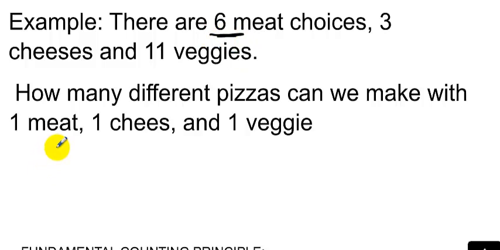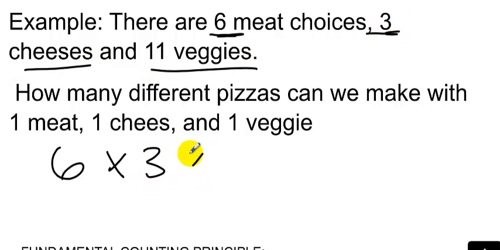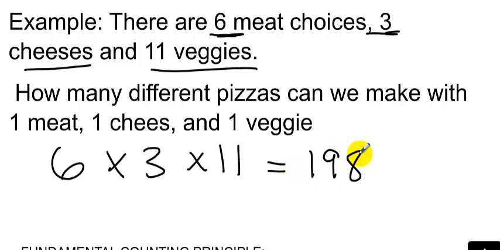So we have 6 meats, we have 3 cheese, and we have 11 veggies, and we're simply just multiplying them together. That will give us our total number of outcomes, meaning the total number of different pizzas that we can make if we are choosing one of each topping.